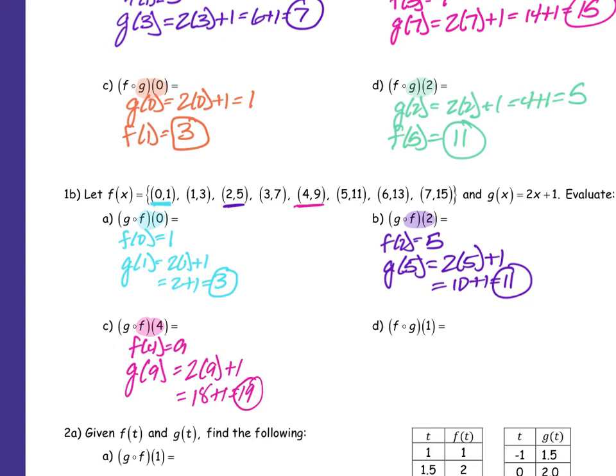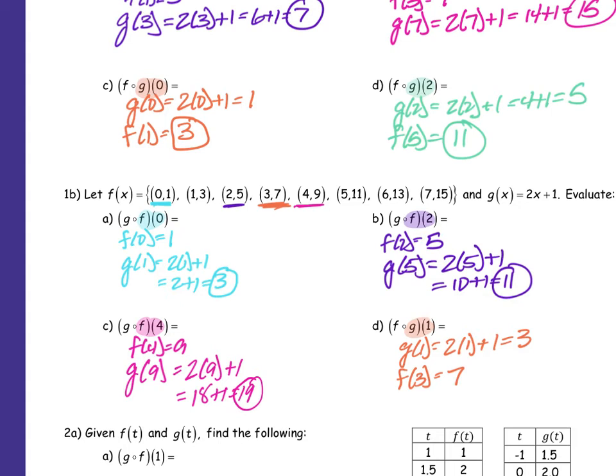And then finally, we're going to flip the script here, and we're going to find g of 1 first. So that's 2 times 1 plus 1, which we already know is 3 because we already found that once. So then I'm going to find f of 3, which is right here, or 7. Okay?